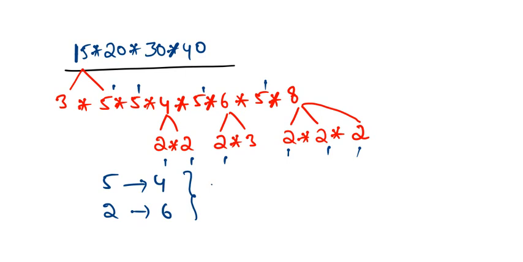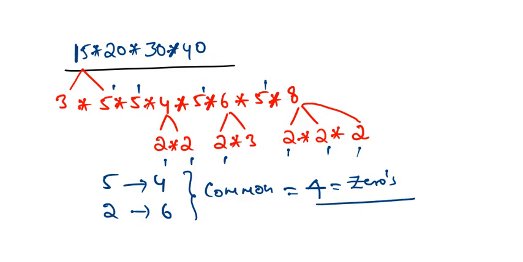So in common we need to take 4. The trailing zeros will be 4 zeros. So if the given multiplication is asking for trailing zeros, we need to write it in the form of prime factorization and take the common of these 2's and 5's.